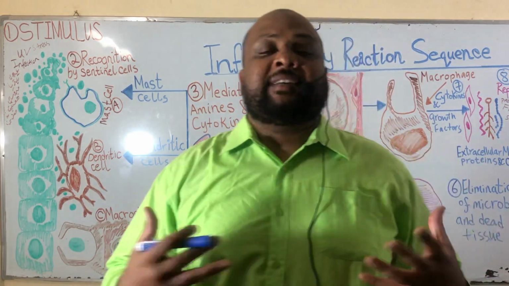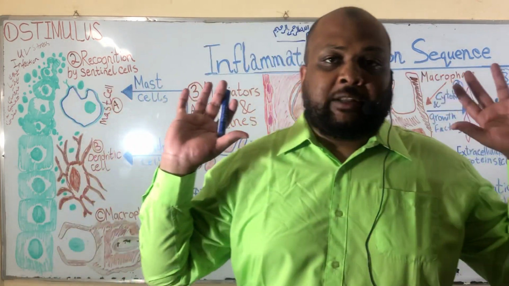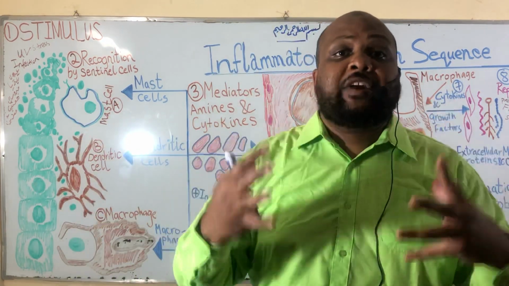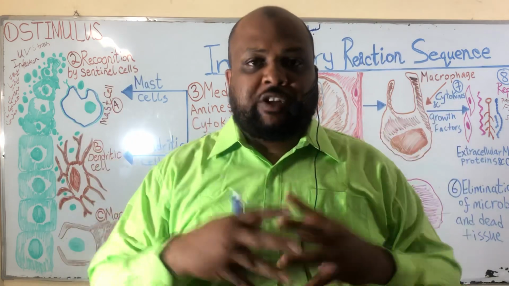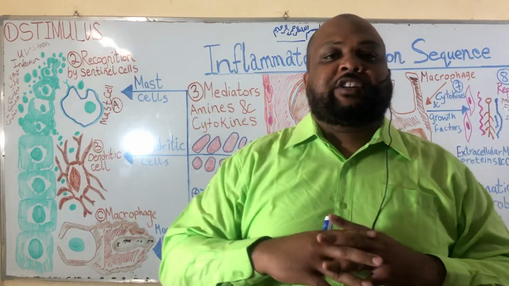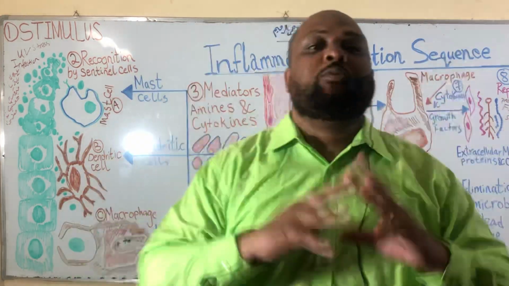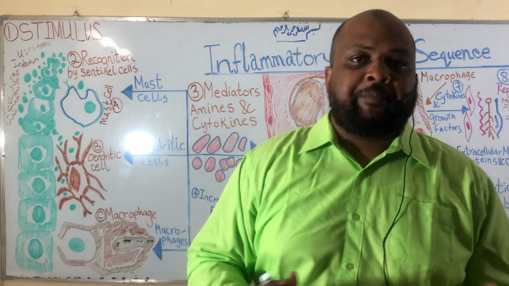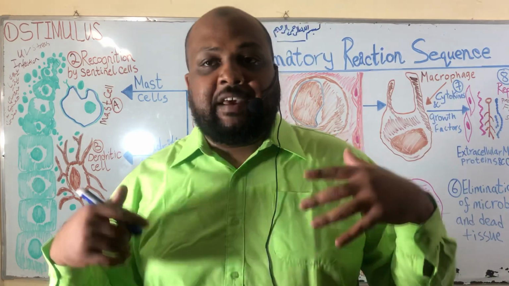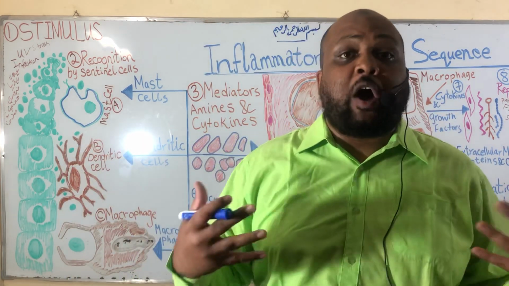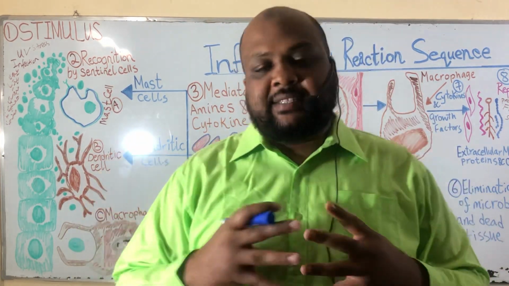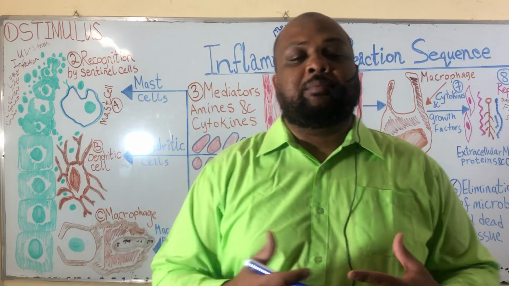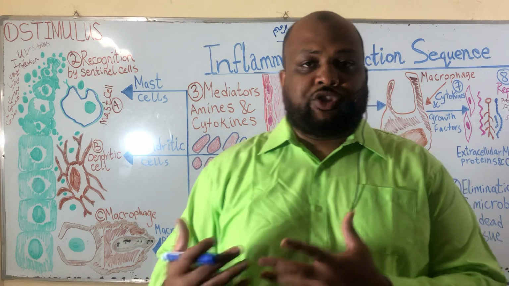Those built-in systems that keep the cell in homeostasis will be overwhelmed due to the severity and duration of the stressful stimuli, being infection, ultraviolet radiation, trauma, for example. Then the cell will be injured. If the stressful stimuli keeps on propagating, then that cell will become irreversibly injured.